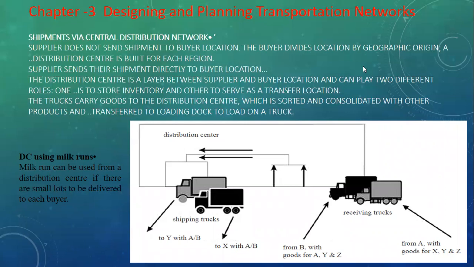It depends on the number of distribution centers that can be centralized. A milk run can also be used from the distribution center if there is a small lot to be delivered to each buyer. This also needs to be understood.